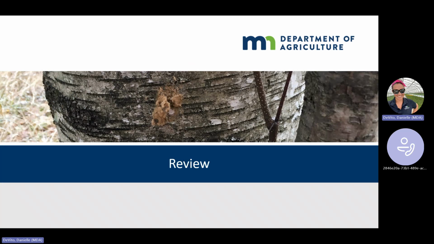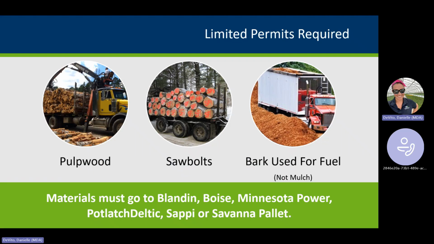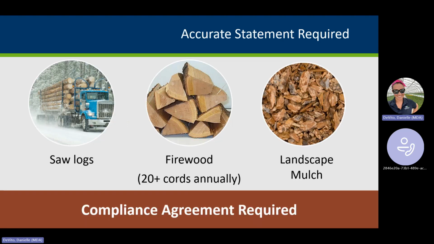Now let's quickly review. In summary, limited permits allow for the movement of pulpwood, sawbolts, and bark used for fuel, and can only be received by Blandin, Boise, Minnesota Power, Potlatch Deltic, Sappi, and Savannah Pallets. Saw logs, firewood, and landscape mulch all require a compliance agreement and travel under an accurate statement.